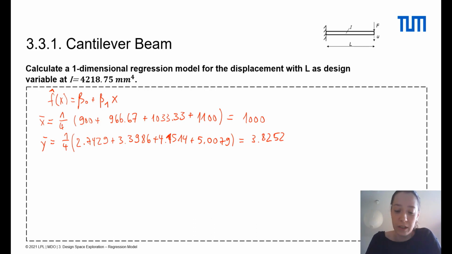And so that's the mean of the values for U. And that's the mean of the values for L.